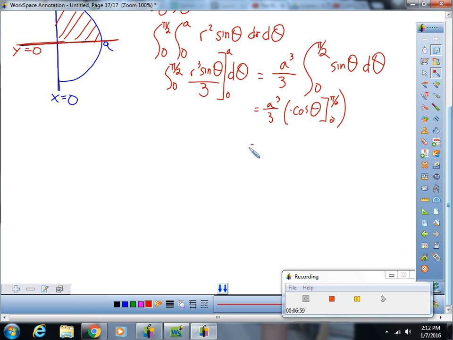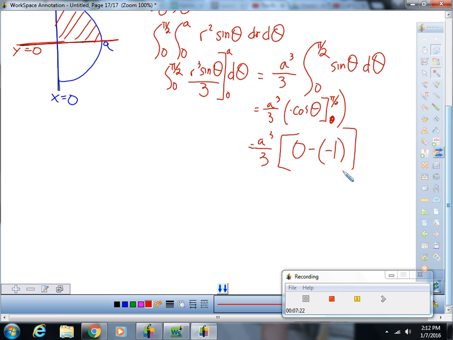So that's going to be a cubed over 3 times, all right, cosine of pi over 2 is 0, minus cosine of 0. Cosine of 0 is 1, but it's negative. So you're going to get, oh, hold on.